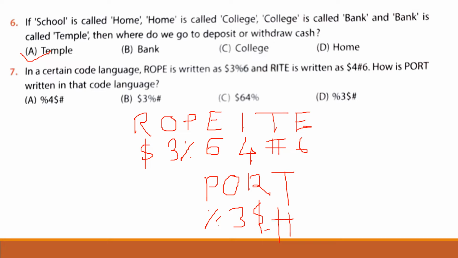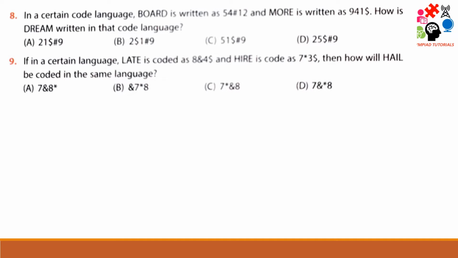So let's check the option %3$# . So option number D is going to be the correct answer. So PORT can be represented as %3$# in a coded language. Very easy question. You just need a little bit of practice and concentration for solving these kinds of questions.